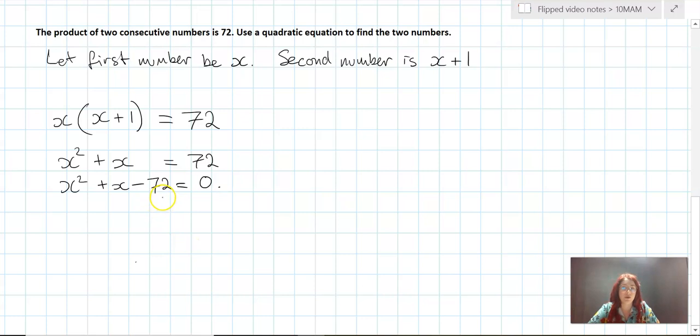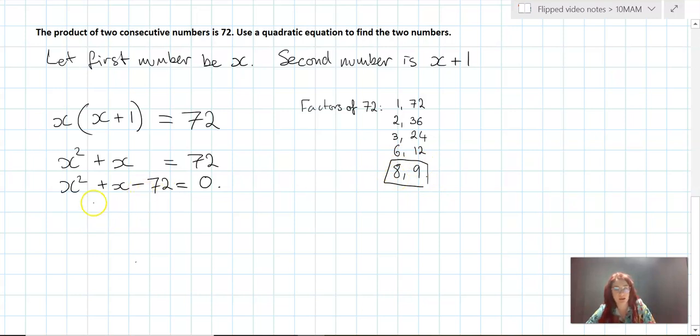So x squared plus x minus 72 will be 0. Factors of 72. We've got to add to 1. So they're probably going to be pretty close together. Let's have a think. So at the same time, I made a little list of the factors of 72. And I've got to 8 and 9. They're 1 apart, so that's going to be what we need. It needs to add to positive 1, but one of them has to be negative in order to get negative 72.